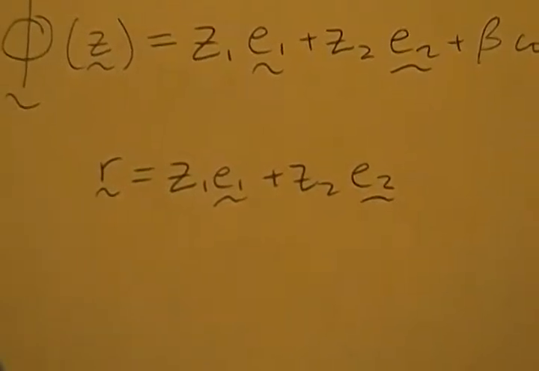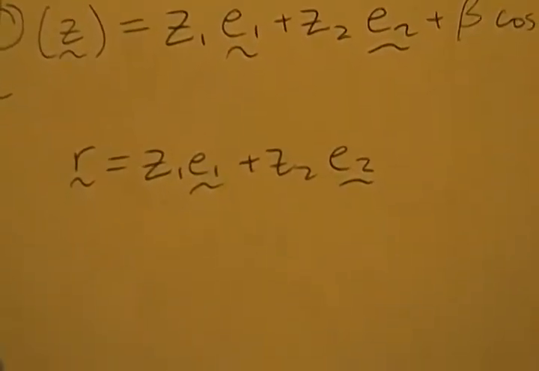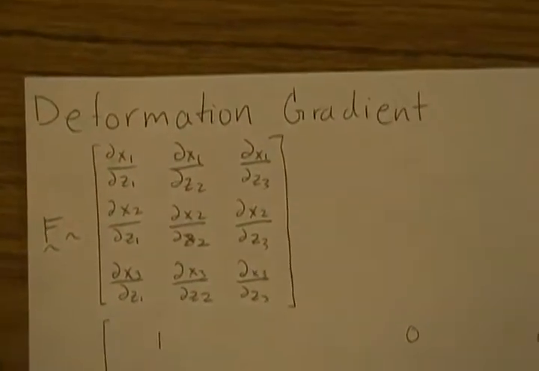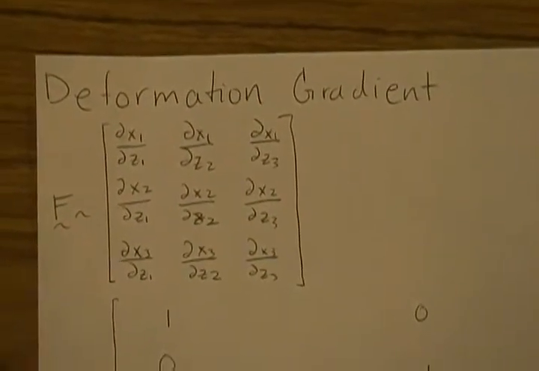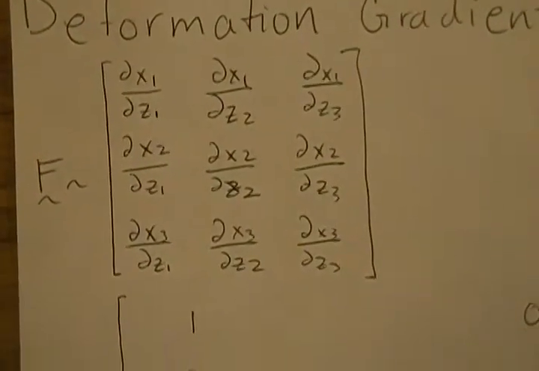Little r is defined as a vector in the radial direction, as can be seen here. The problem first asks to find the deformation gradient. The definition of a deformation gradient can be seen here.